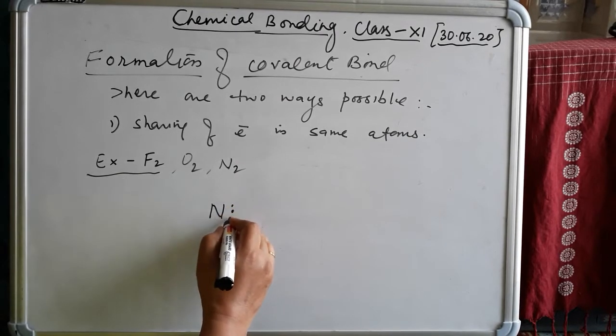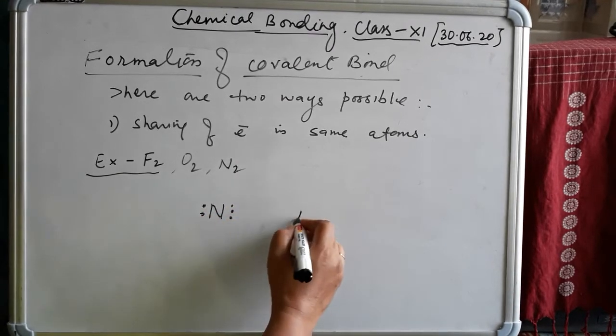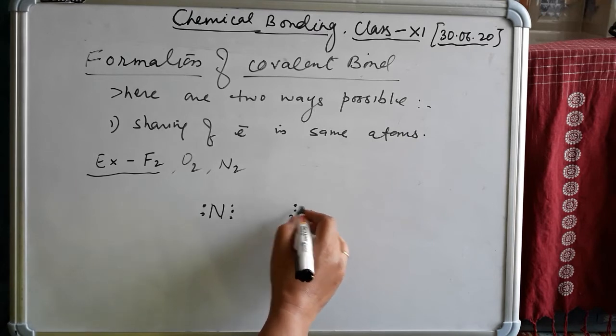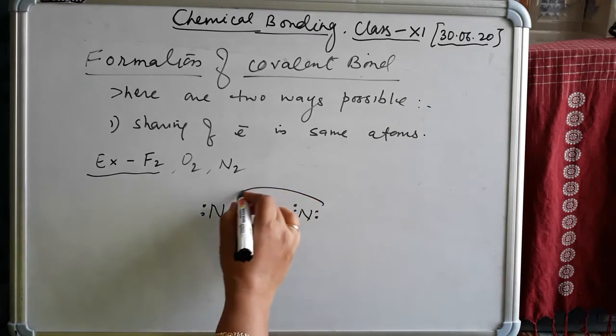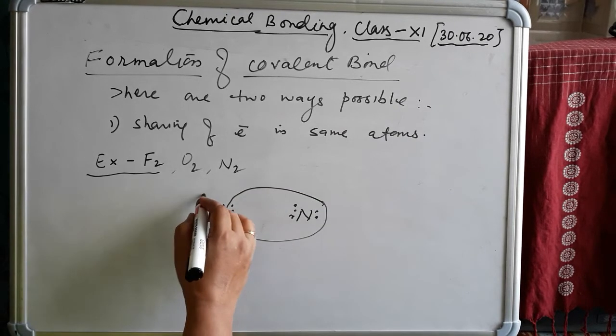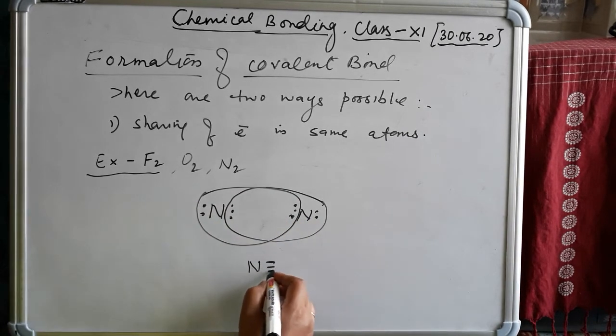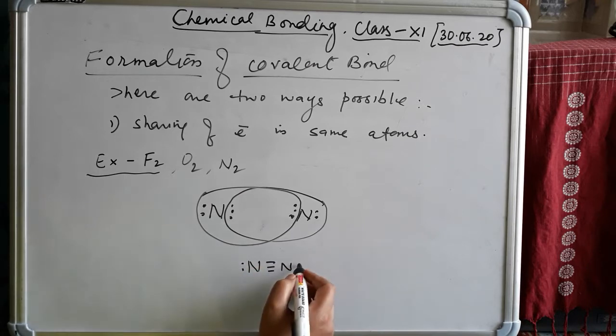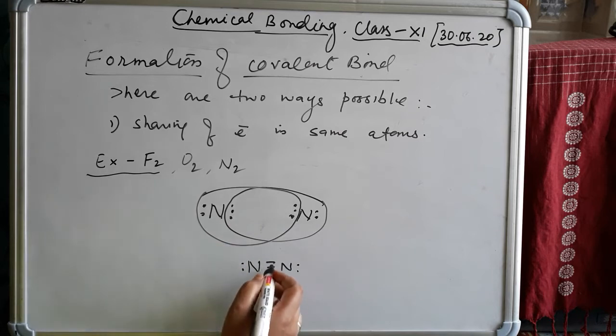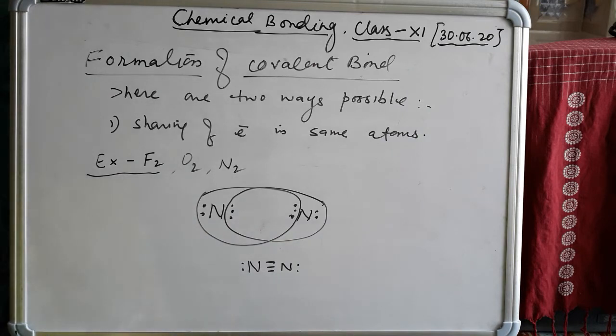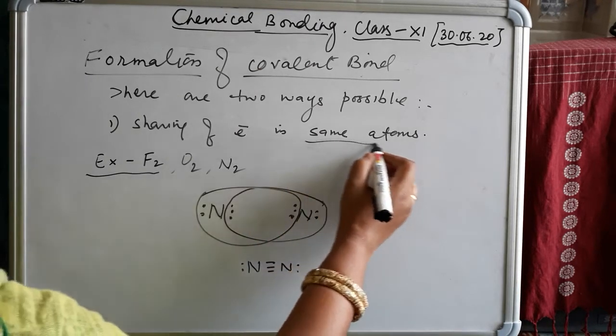Nitrogen has 5 valence electrons. Nitrogen takes 3 electrons from the other nitrogen atom, with mutual and equal sharing of electrons. So a triple bond forms between the nitrogen atoms, with one lone pair on each, and the bond pair is 3. In this way we can explain the single, double or triple covalent bond in the same atom.